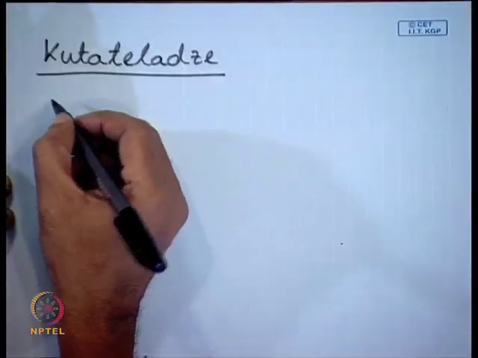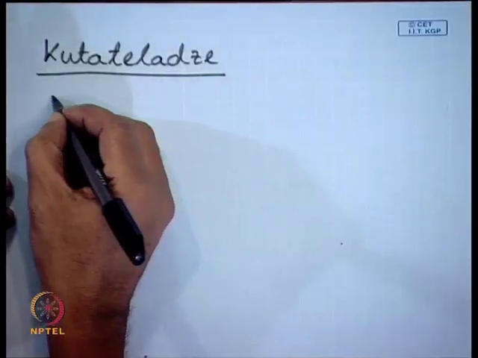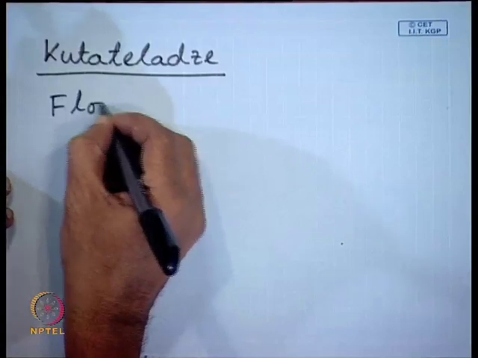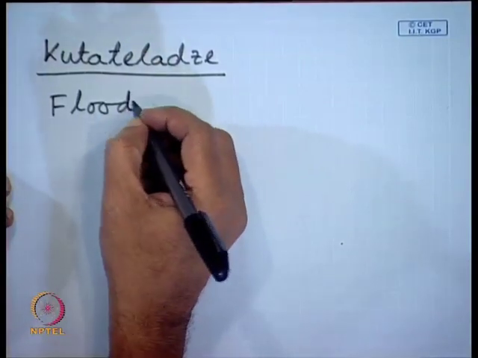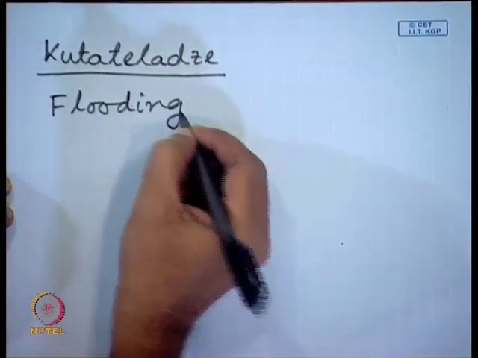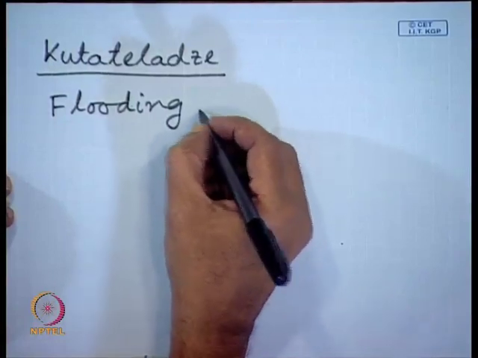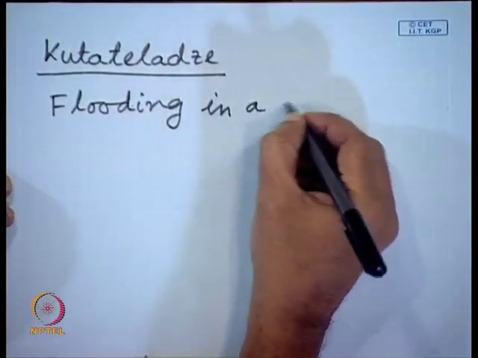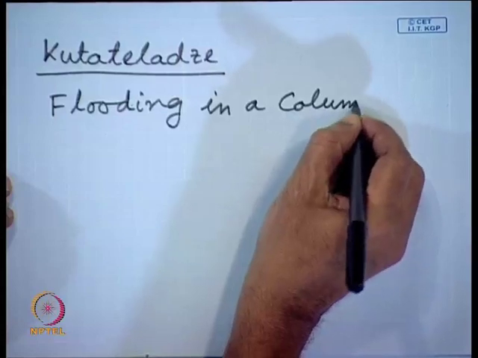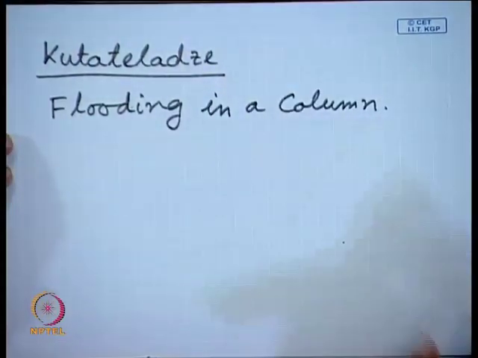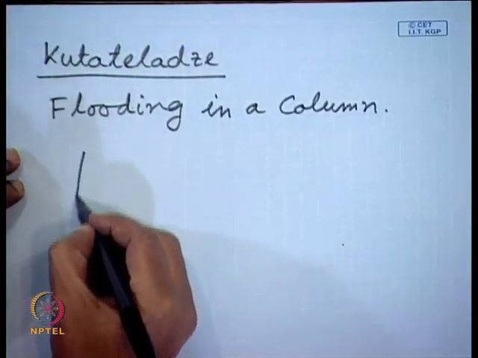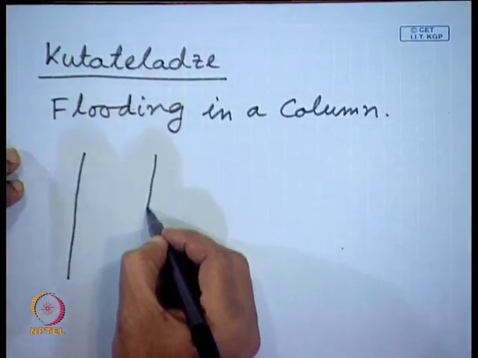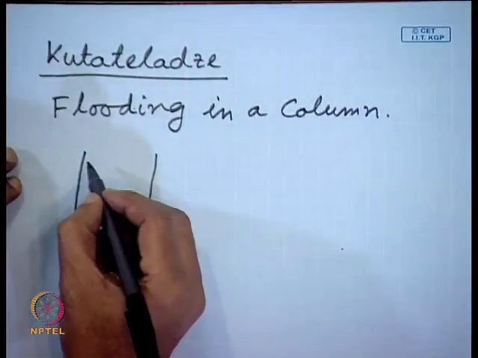Now, so what he has told is that flooding in a column. What is flooding in a column? So, suppose we have got a tube. Okay.